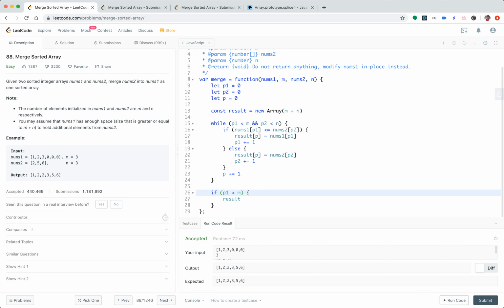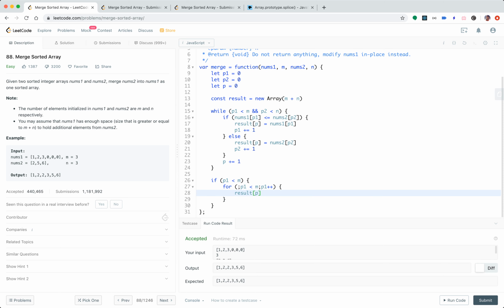If p1 is still there, so for p1 smaller than m, result p equals nums1 p1, p plus 1.